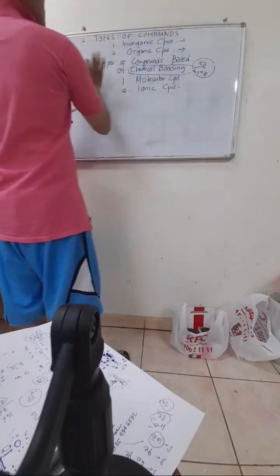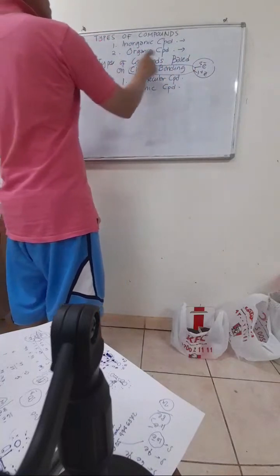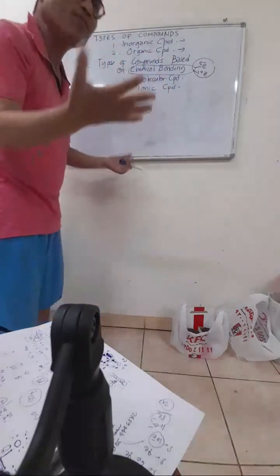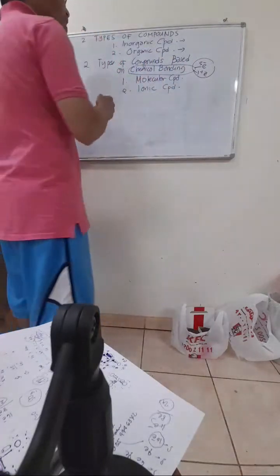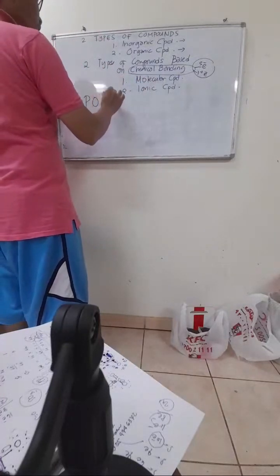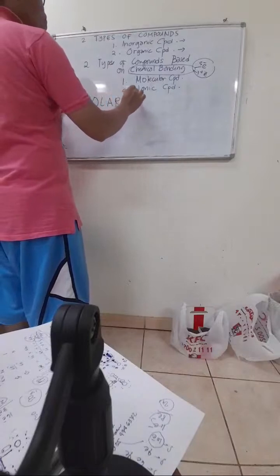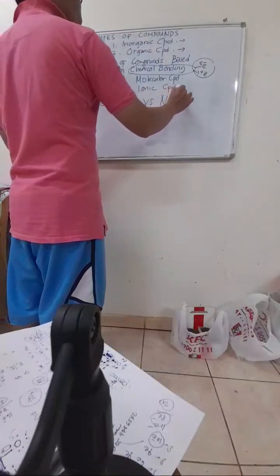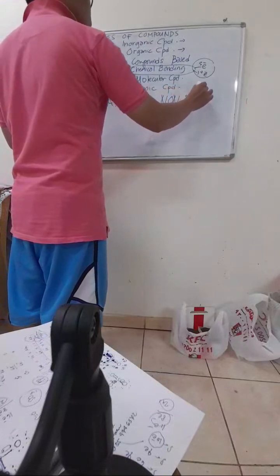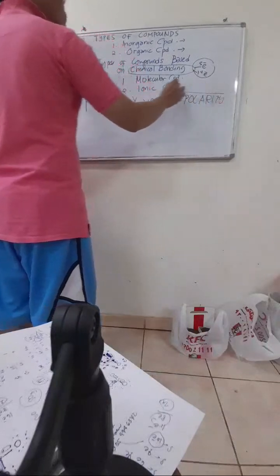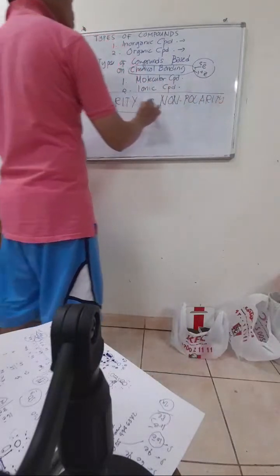Now, in this second part, two types of compounds based on chemical bonding, our title of this vlog will appear: polarity versus non-polarity. This is the title of our vlog for today.